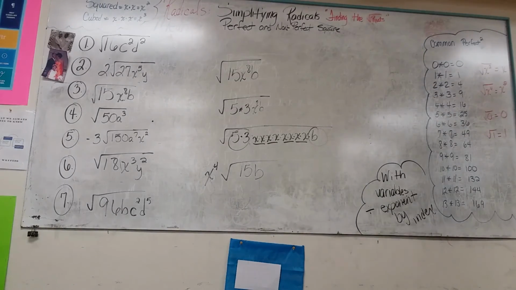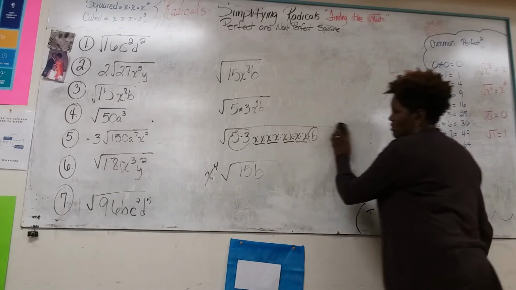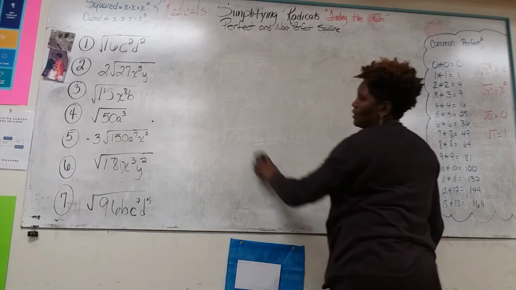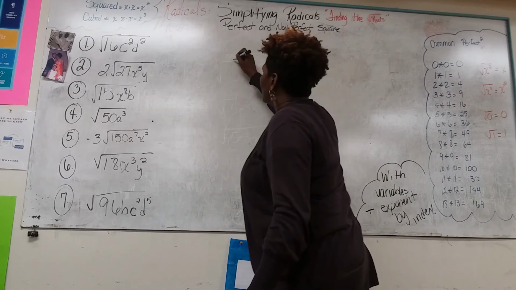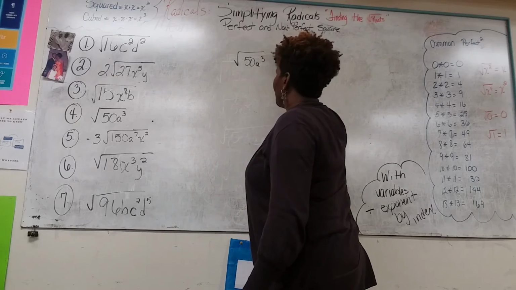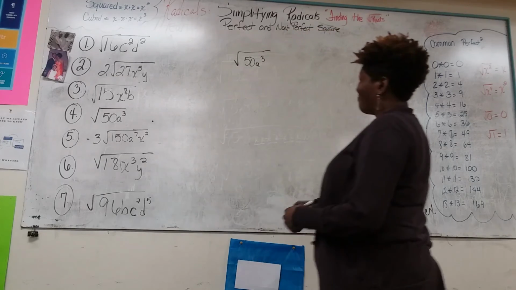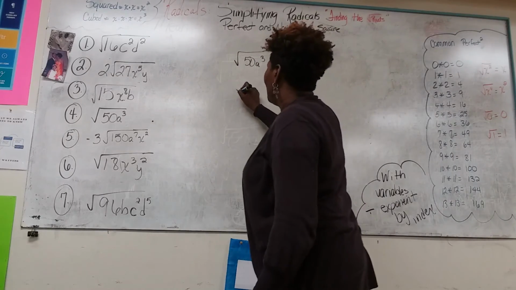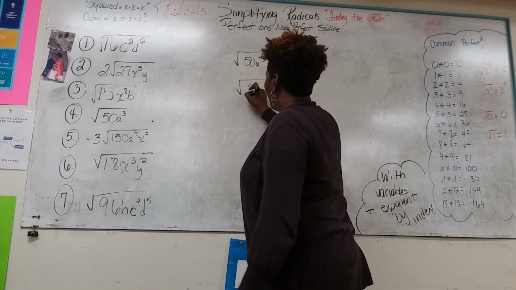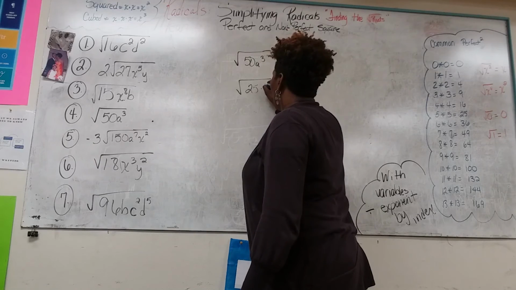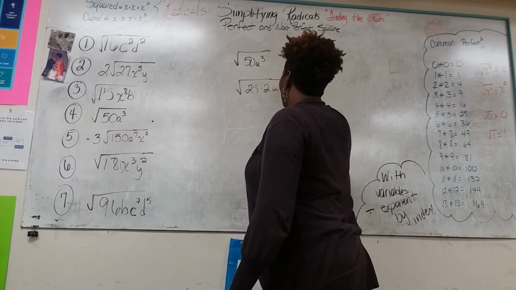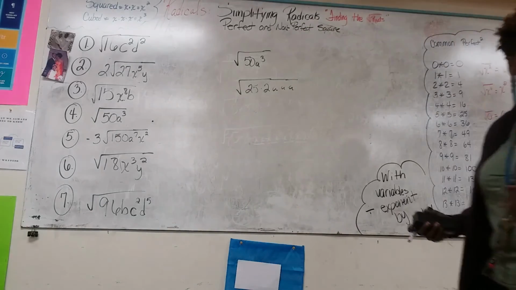Okay? Let's do the next one. Square root of 50, a to the third. All right. I know that 50 has a perfect square of 25 times 2, a to the third. Okay?